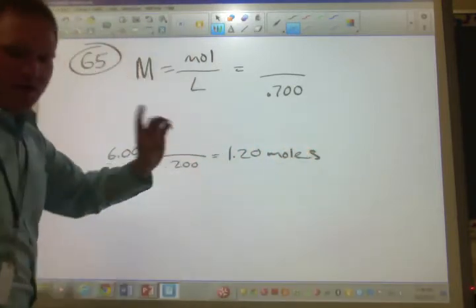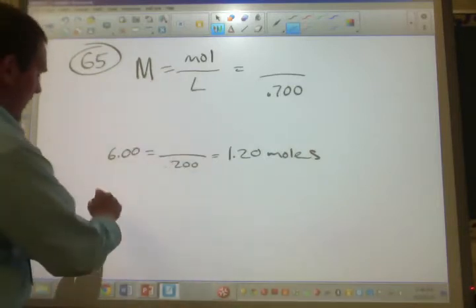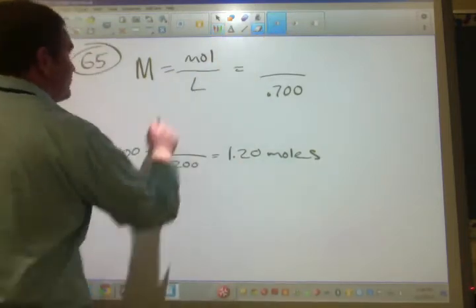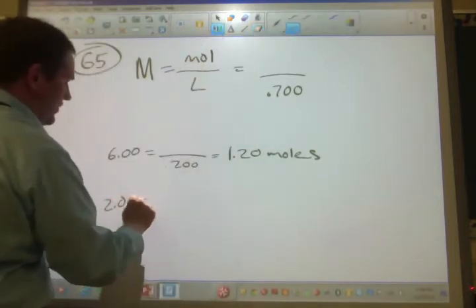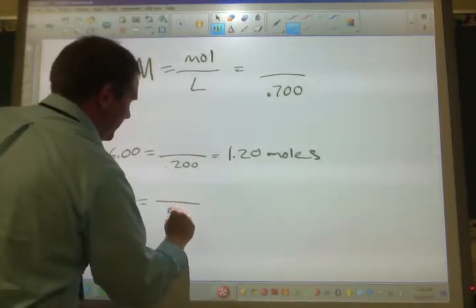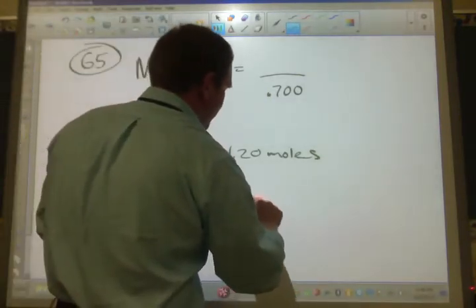So that's how many moles were in that first beaker. The second beaker had a molarity of 2.00, and we used 500 milliliters, so I'm going to say 0.500 down here. So this is going to equal 1.00 moles.